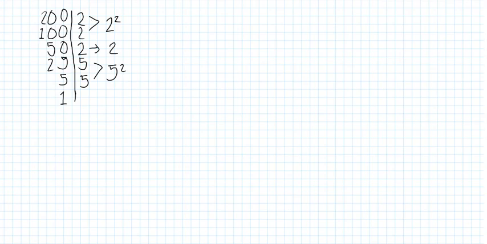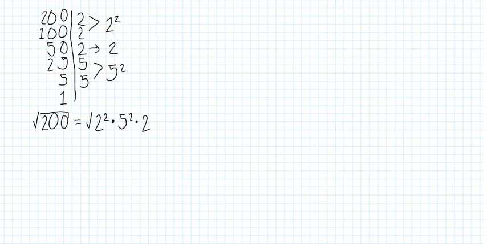With this, we already know that the square root of 200 is equal to, first of all, the square root of 2 squared. We write the numbers that have exponents first, as 2 squared and 5 squared, and finally the number that doesn't have the exponent.